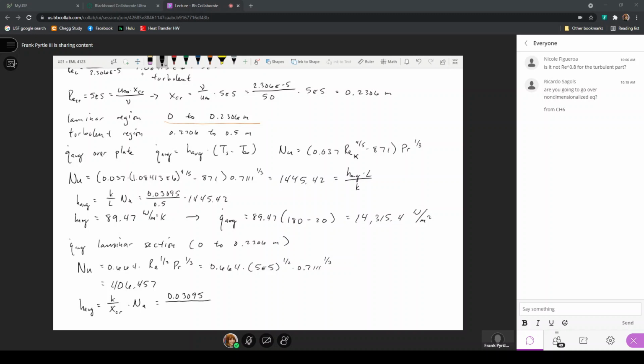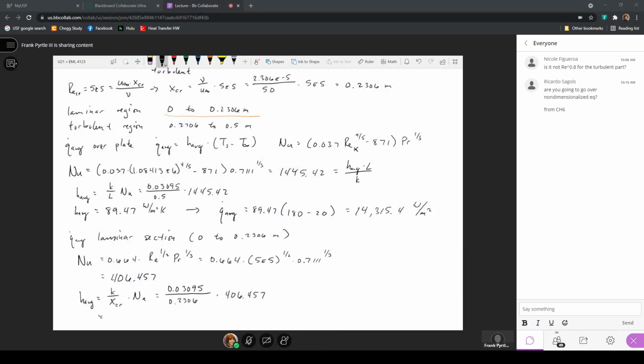Now this position is 0.2306 meters, times a Nusselt number of 406.457. So the average heat transfer coefficient, 0.03095 divided by 0.2306 times 406.457, is 54.5526.